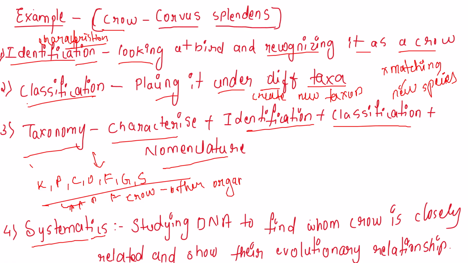That is done through systematics, studying its DNA to find whom crow is closely related to and show their evolutionary relationship. This is about systematics, taxonomy, classification, and identification.